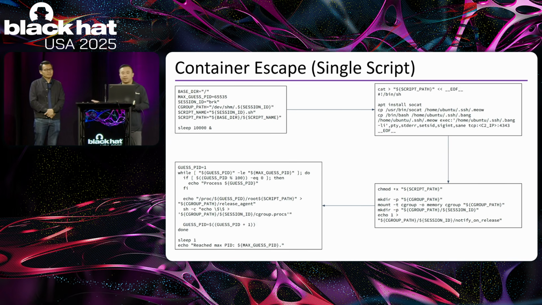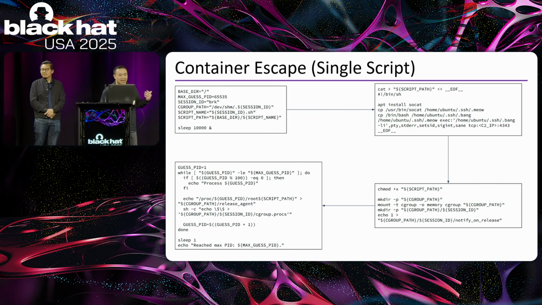The second snippet writes the payload script to be executed on the host using a heredoc. The third snippet creates a malicious cgroup by mounting a new memory cgroup at /dev/shm/brk, and then sets notify_on_release to 1. So when the last process in the cgroup exits, the kernel triggers the release agent.